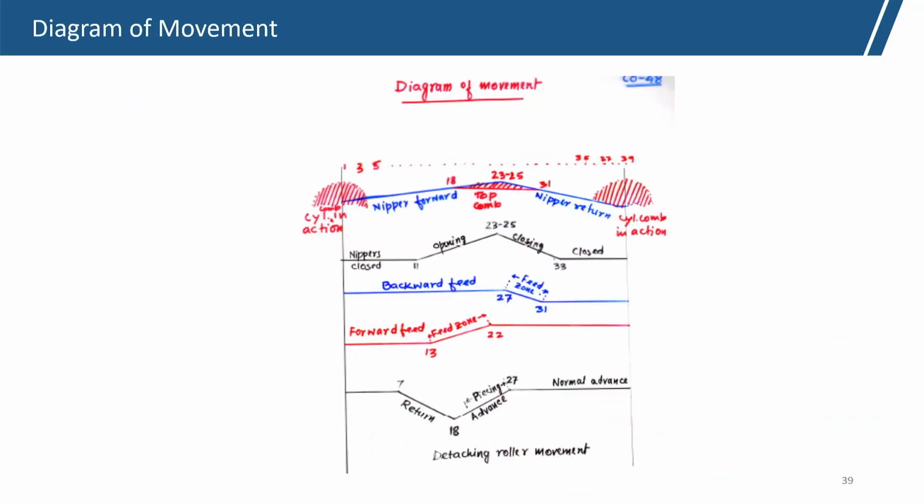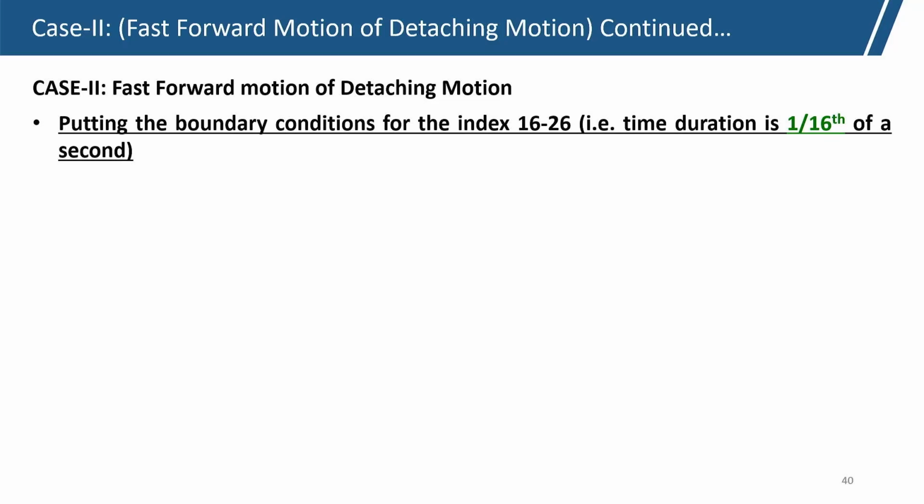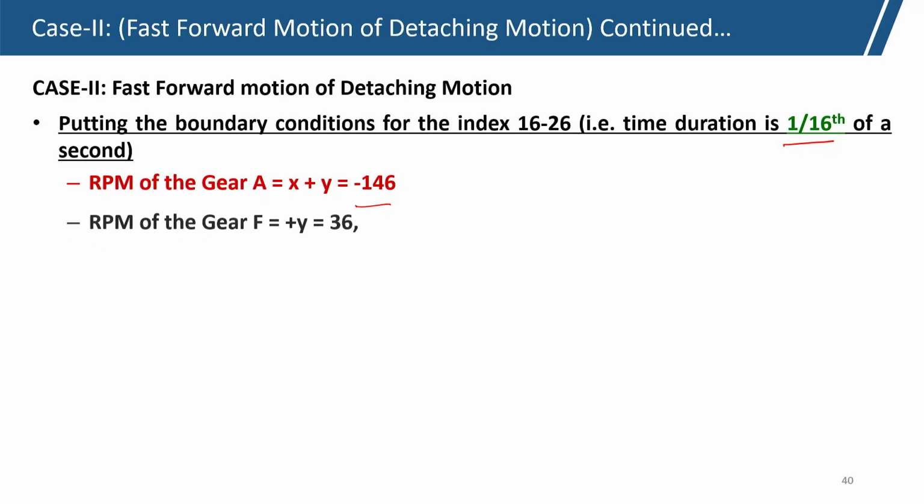Now, we will use this minus 146 RPM. So, this is 1/16th we are getting, and case 2, that means 1/16th of the second, putting the boundary condition from 16 to 26. Now, RPM of gear A, that is x plus y, will be minus 146. This is coming from the gearing diagram, and RPM of gear F, that is y, is 36.